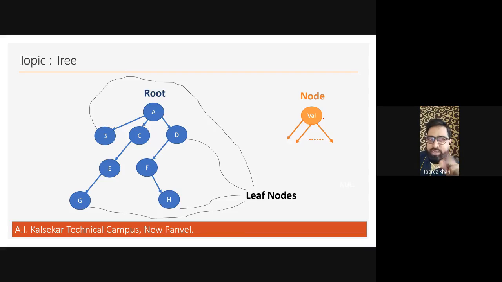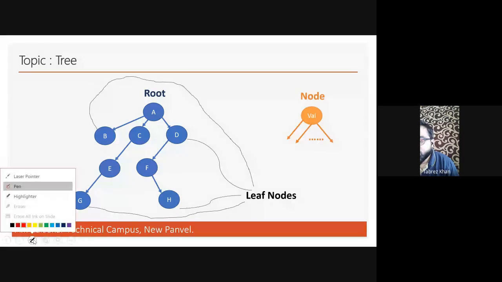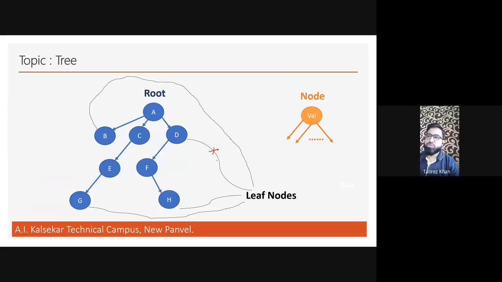But D is not a leaf node. This is absolutely wrong, it shouldn't be there, so I will remove that part. So B is a leaf node, G is a leaf node, H is a leaf node because they do not have any child and they are the terminals. Fine.